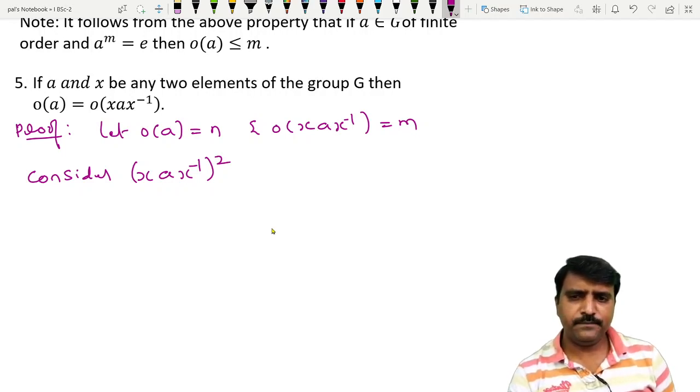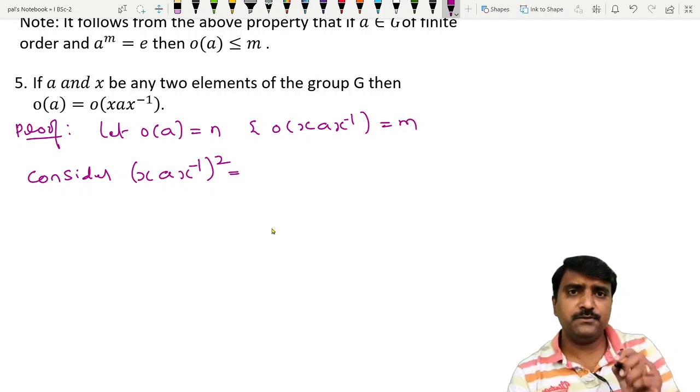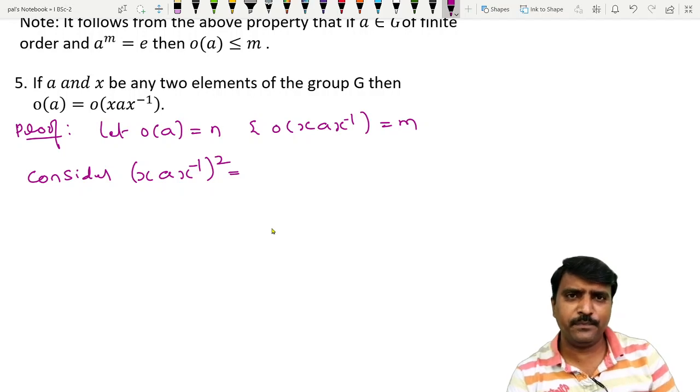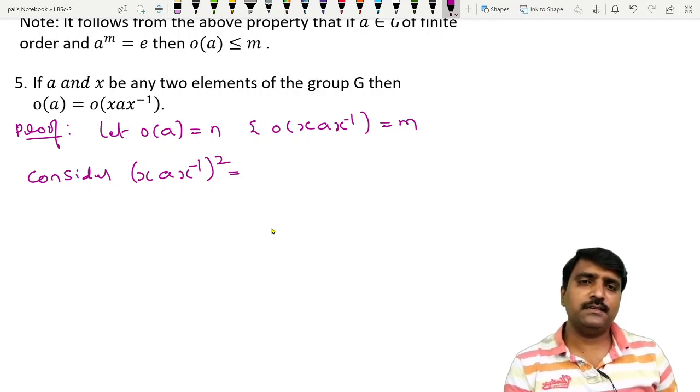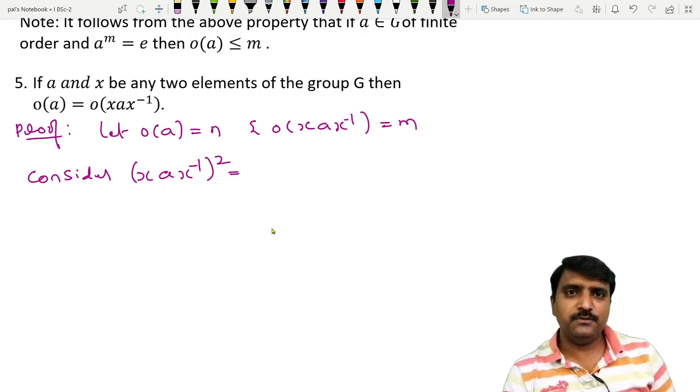So you see, in groups, if a square is given, you can write that a square is a into a. Okay, a cube is given, you can write it as a into a into a. Because we can't say that it is an abelian group. Suppose AB square is given, you can write AB square as AB into AB.